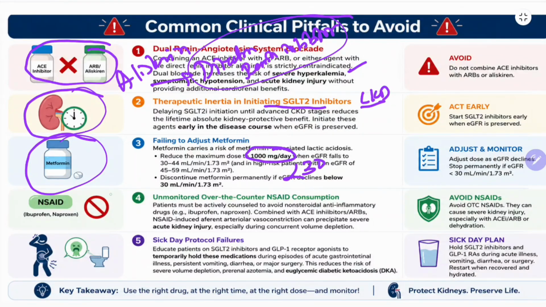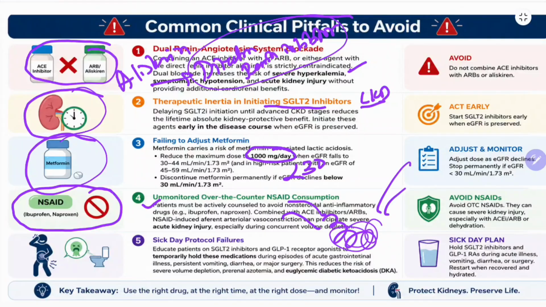NSAIDs, you should inform the patients not to take NSAIDs like ibuprofen or naproxen. Patients must be actively counseled to avoid NSAIDs. Combined with ACE inhibitors and ARBs, NSAIDs induce afferent arteriole constriction and can precipitate severe AKI. If this is the glomerulus, this is the afferent arteriole and this is the efferent arteriole, there are prostaglandins here also.